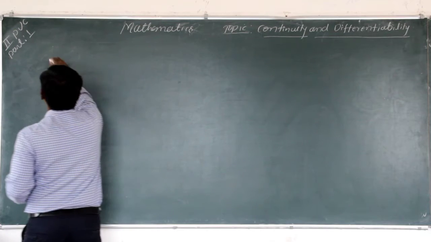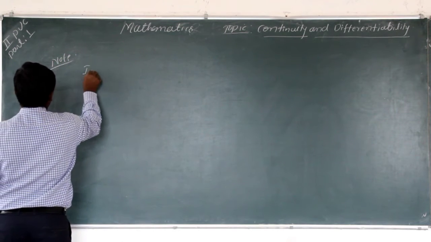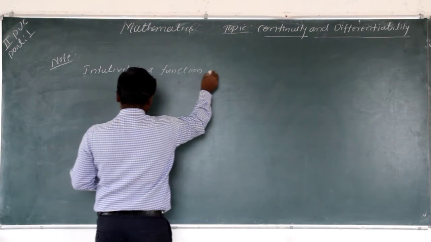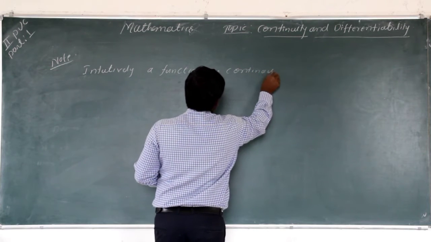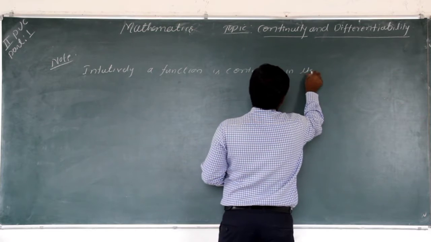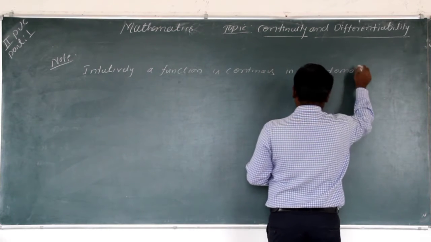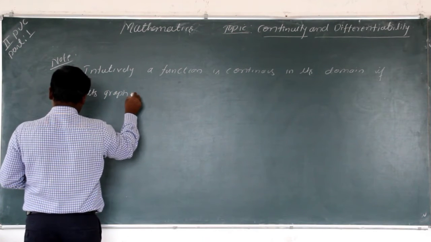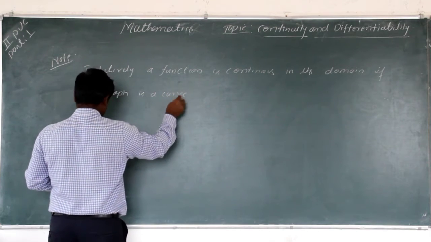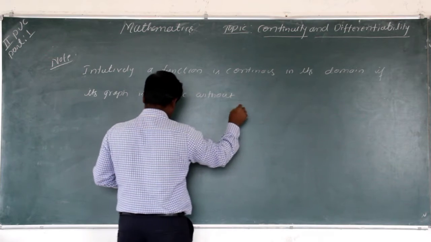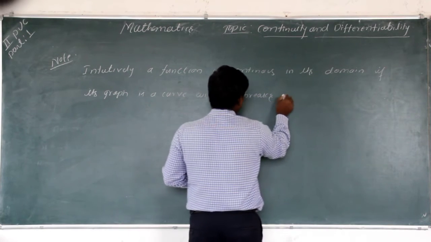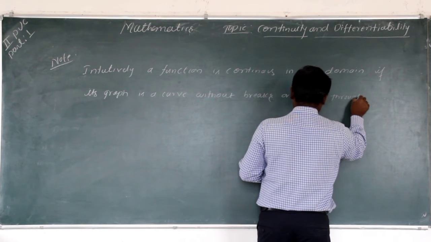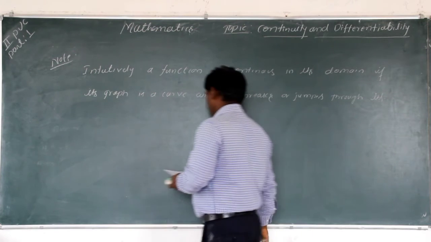Note, intuitively, a function is continuous in its domain if its graph is a curve without breaks or jumps through its domain.